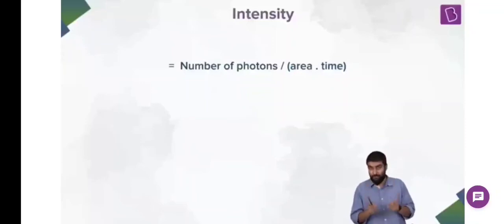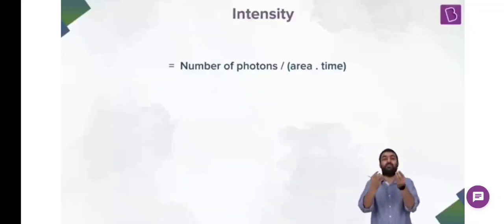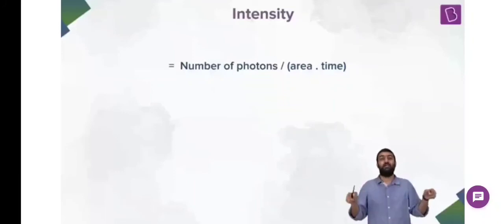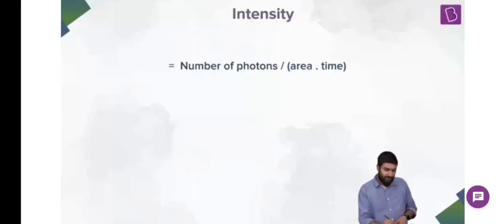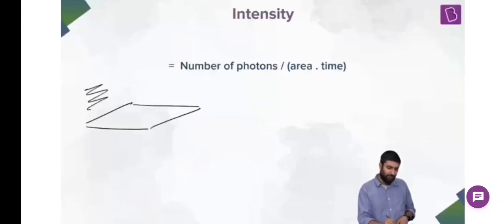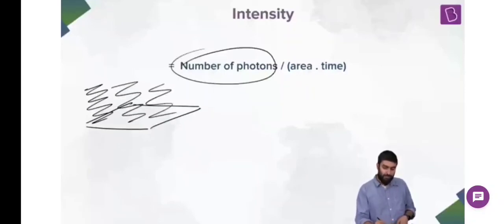Even a large number of photons can be very less densely distributed over a large area, and it could also be a dull light, right? So the point is, intensity is actually defined as the number of photons falling per unit area per unit time.